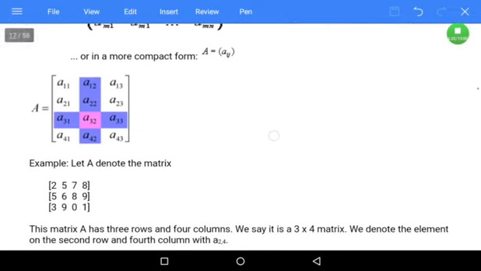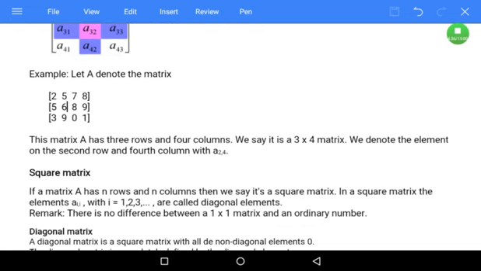Alright, now I told you that where an item is found is where the row intersects the column. For instance, A32 is found where the third row intersects the second column. If this matrix is called matrix A, it has 3 rows and 4 columns. We say it is a 3 by 4 matrix. We denote the element in the second row and fourth column with A24.